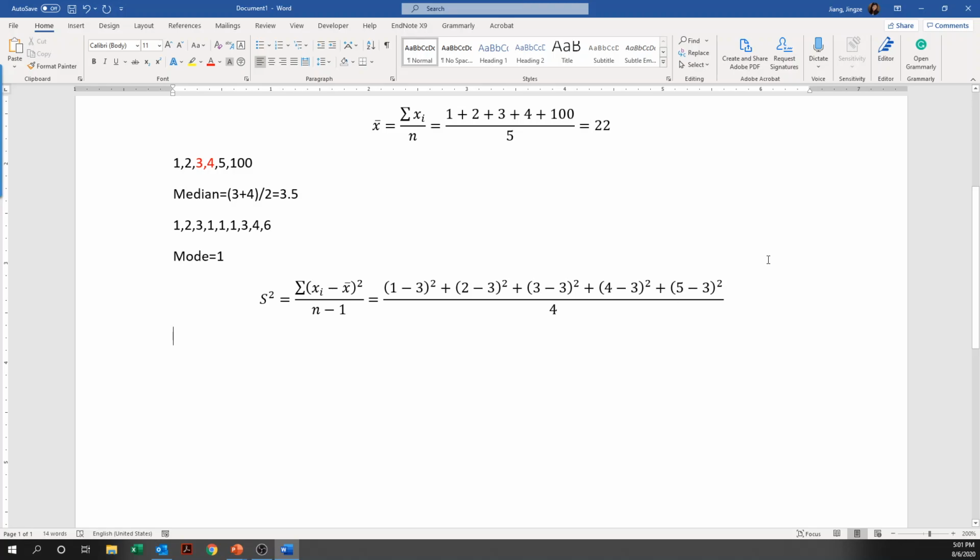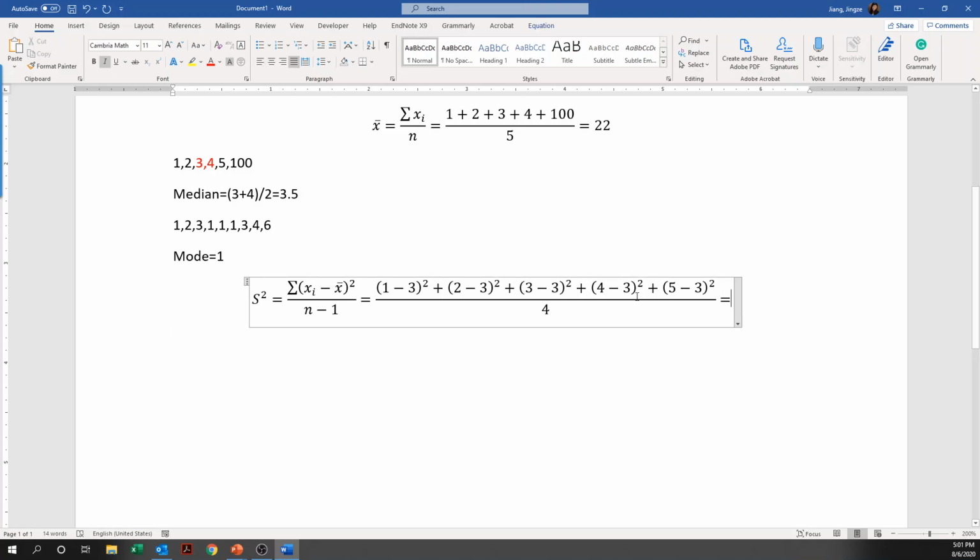The numerator will equal: 1 minus 3 equals negative 2, squared equals 4. Plus 2 minus 3 equals negative 1, squared equals 1.